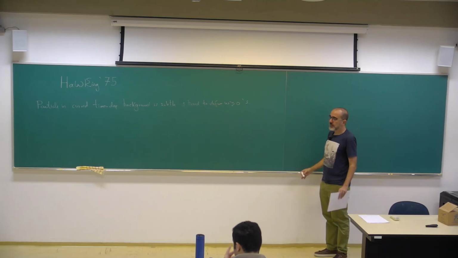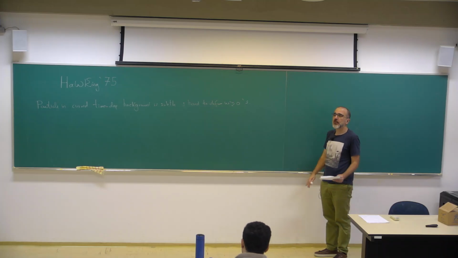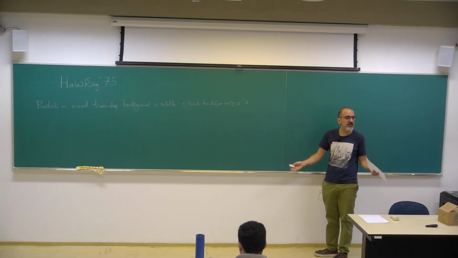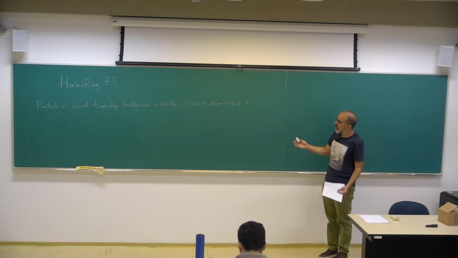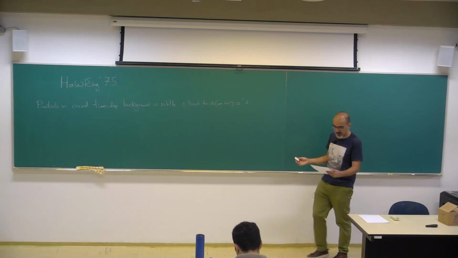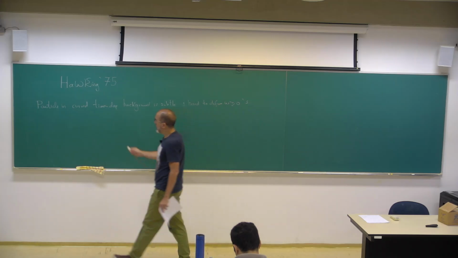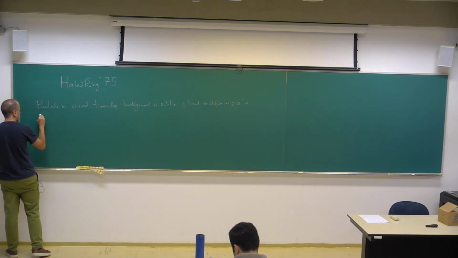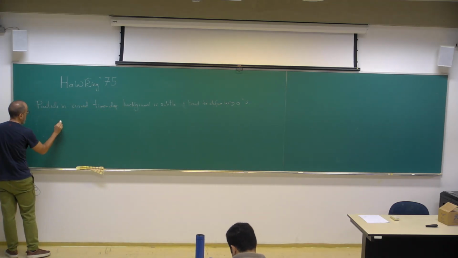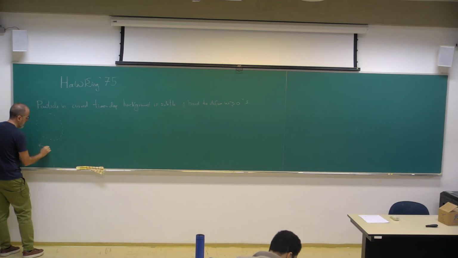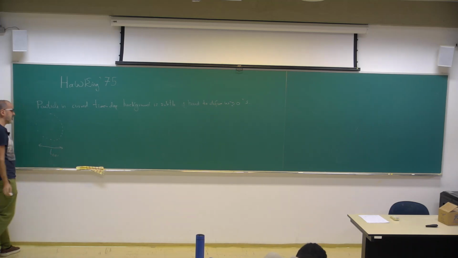Now, how hard is it? Of course, if it's almost flat, it's almost time independent, it's almost easy to do, it's almost trivial. But if it's very curved, it's very time dependent, then it's very hard, right? So we have to try to quantify this a little bit. So Hawking says, suppose I have a region, and this is some curvature. So this is a typical length where the curvature changes.